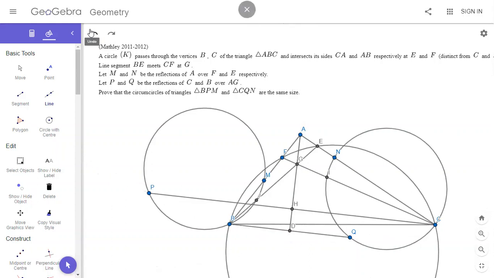Yeah, how do we show G lies on the radical axis of those circles? One thing you might look at is GJ.